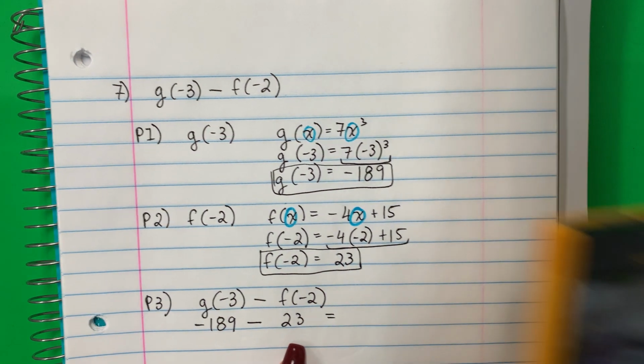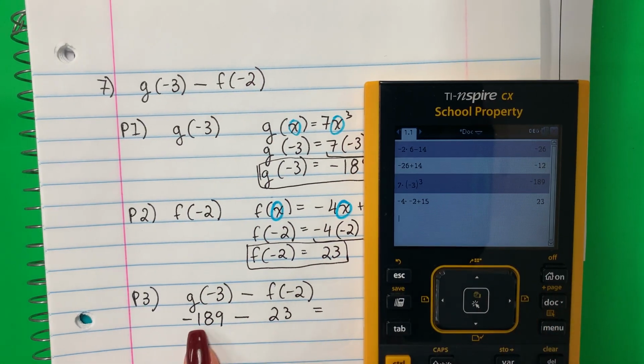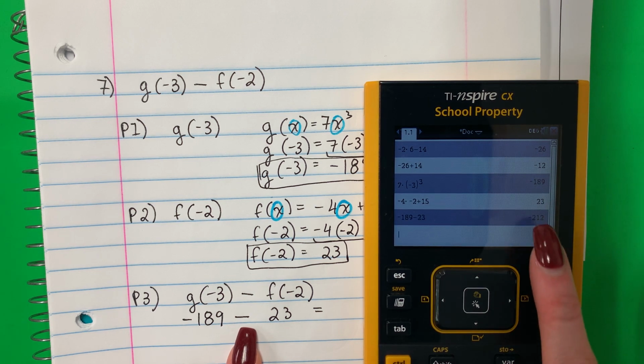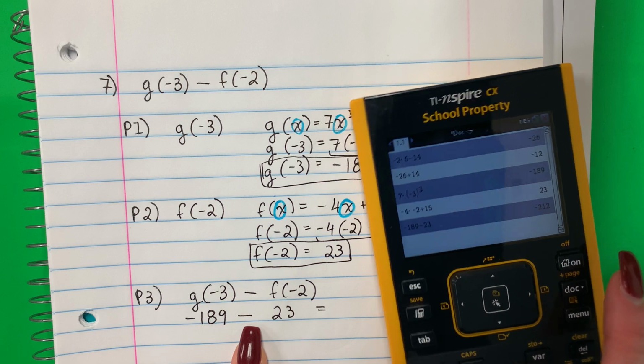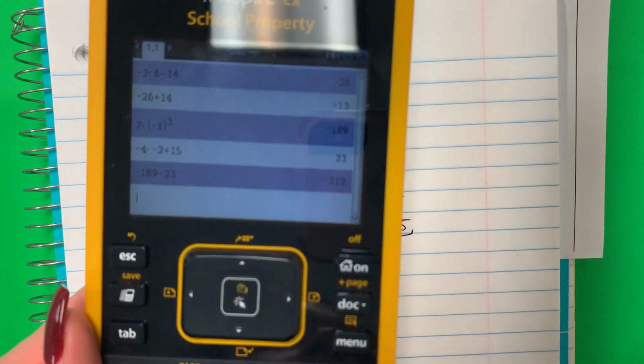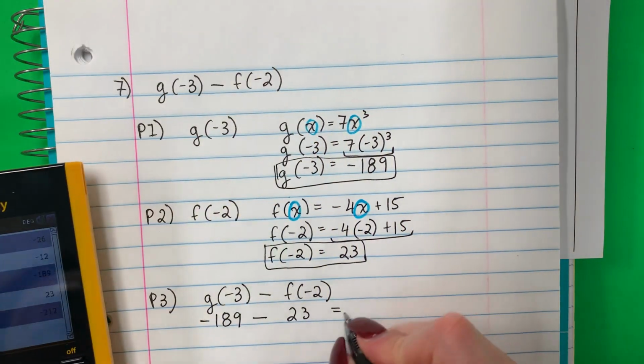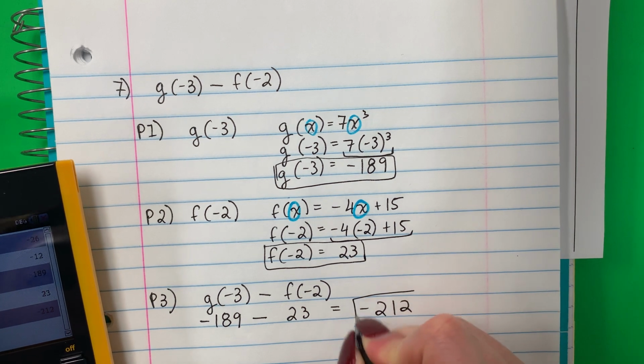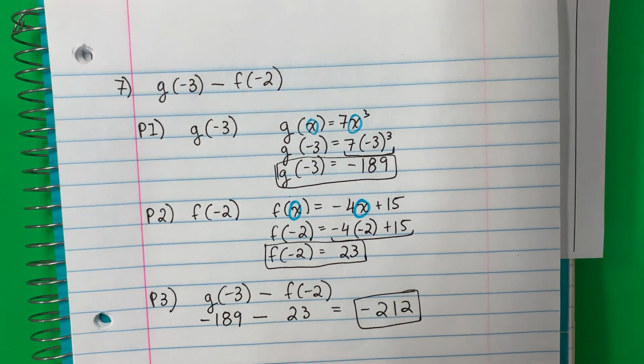Vamos a poner en calculadora. Negative 189 minus 23. Negative 212. There's my answer for number 7. Ahí está mi respuesta.